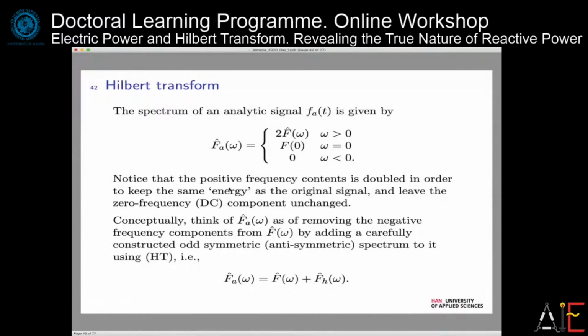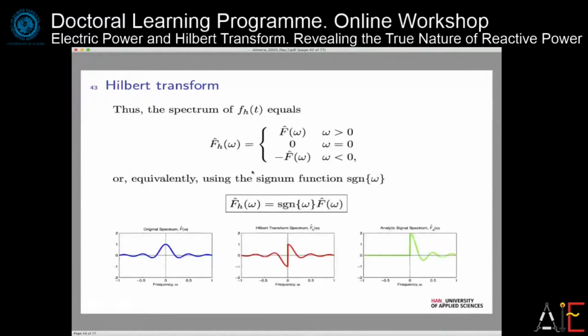Write it like this. In the frequency domain, it's very simple. You just introduce the sign function, which is 1 for omega greater than 0 and is -1 for omega less than 0. So then the Hilbert transform is just the sign function of the frequency times your original spectrum.